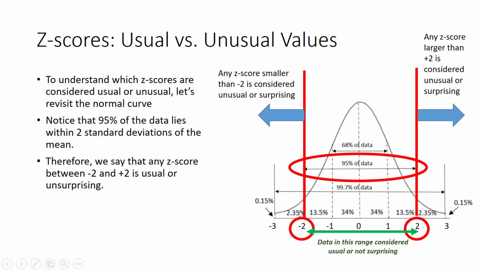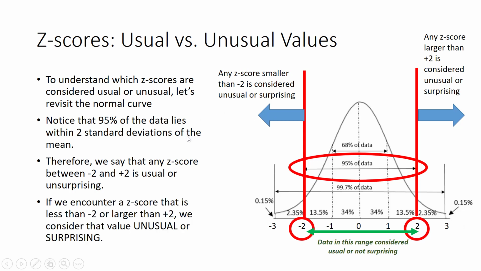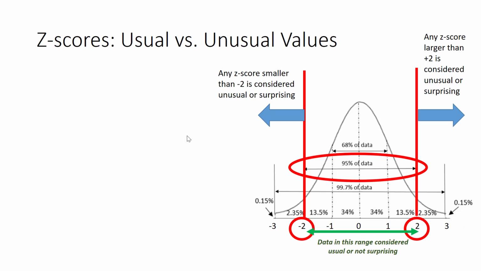And if we find any z-score that is smaller than -2, meaning that it is more than 2 standard deviations to the left of our mean, then that is surprising or unusual. And that is the metric we use to determine if a measurement is usual or unusual.